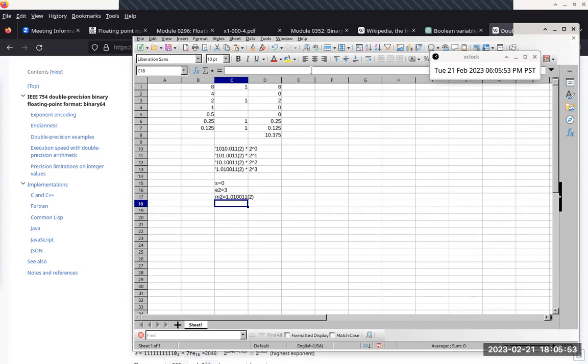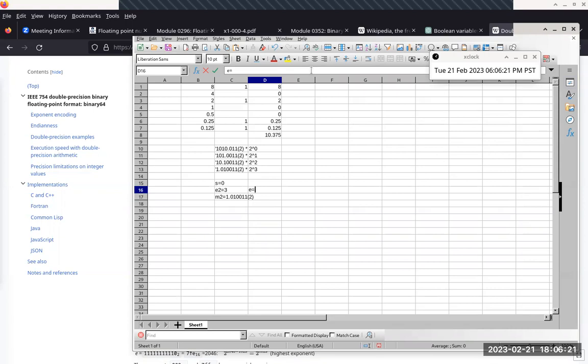All right, cool. So now I need to figure out what E is, because from E2, I can figure out what E is. Can someone tell me how we compute E from E2 from a slightly earlier discussion? The bias amount is 1023. So how do we use 1023 when we want to figure out E from E2?